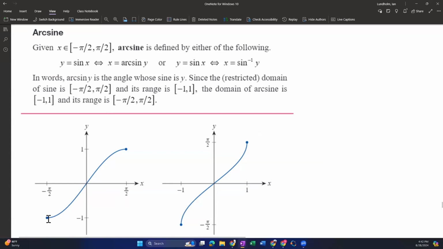Starting off from negative pi halves and going up to pi halves in the domain means that we go from -1 to +1 in the range. And we have a nice one-to-one section of sine to use. Over here is arcsine, where we've got 1 to -1 as those input ratios, and then output angle measures. So this is the best spot to get the entire range of sine covered.